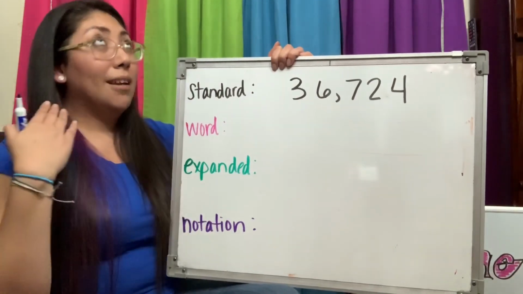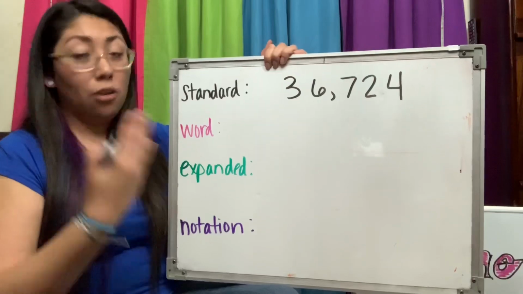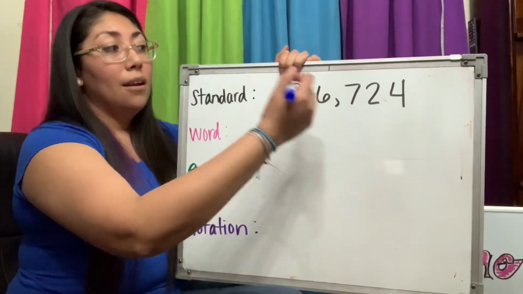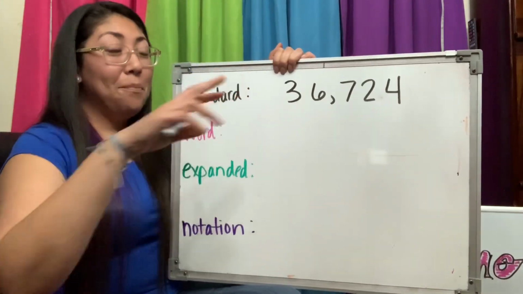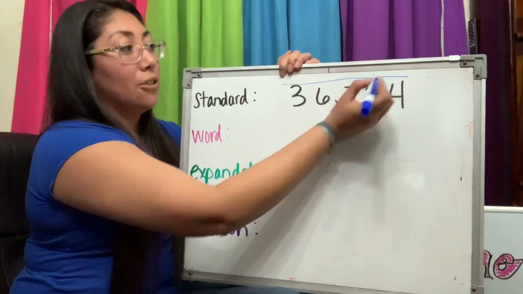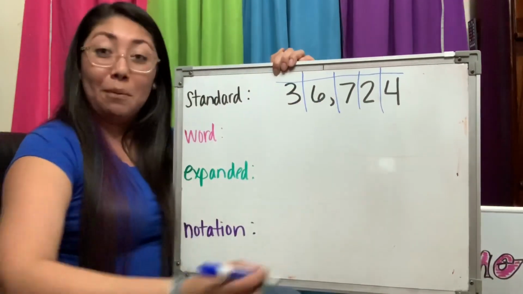Now, if naming a number in standard form is something that you still have difficulty with, the one thing I would always tell you that is super helpful is to draw a place value chart over your number. So remember our little Billie Eilish type song. Get your chart ready, and then hopefully y'all remember the song.